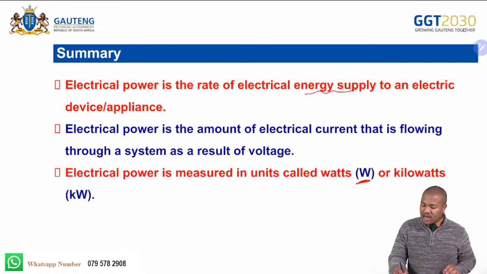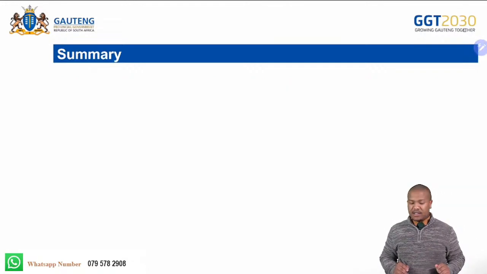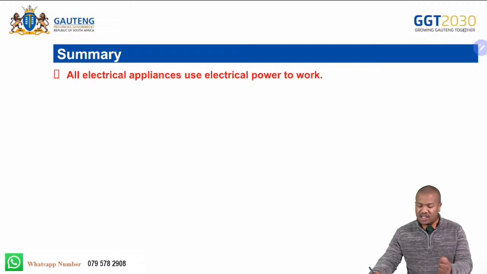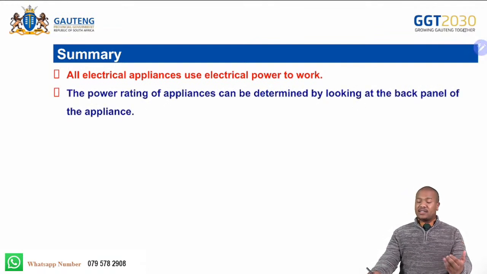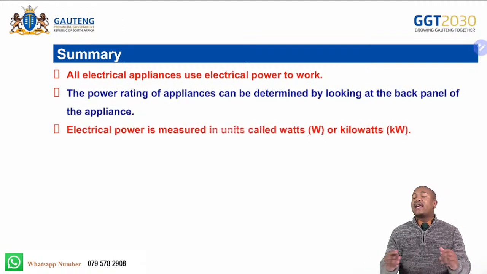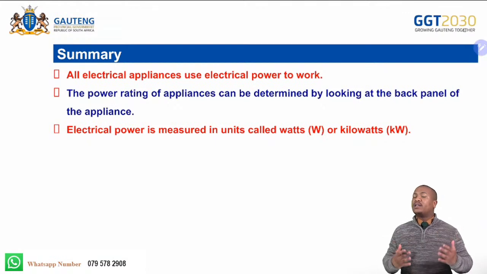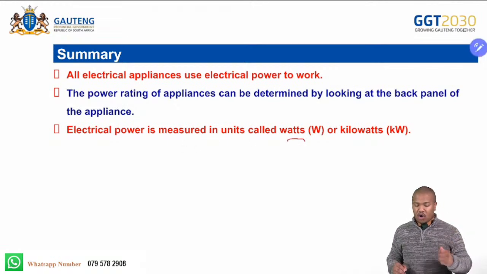Also, we said that all electrical appliances use electrical power to work, and the power rating of the appliance can be determined by looking at the back panel of the appliance, like the example we gave you of the kettle. When you look at the base of it, that's where you find the model number and also the power rating.